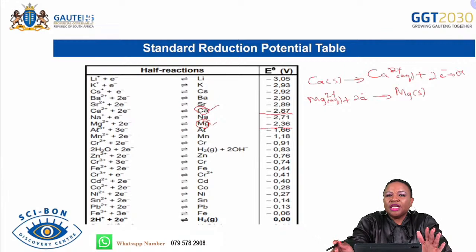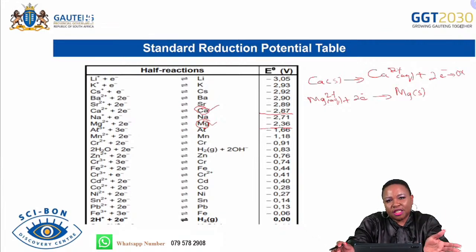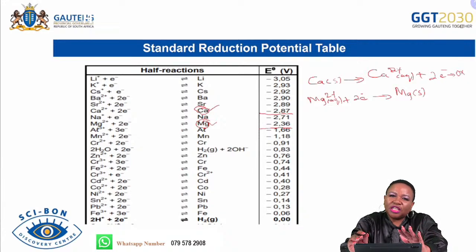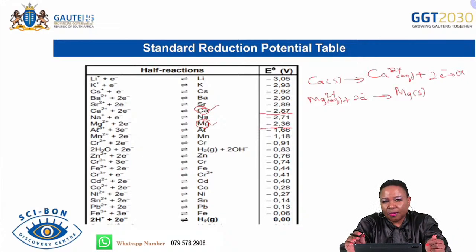Therefore, we'll always start from our reducing agent, and then for the reduction, we start from our oxidizing agent. Why do we start from the reducing agent? Remember, our agents are our reactants. So what do we mean in terms of reading this reaction?